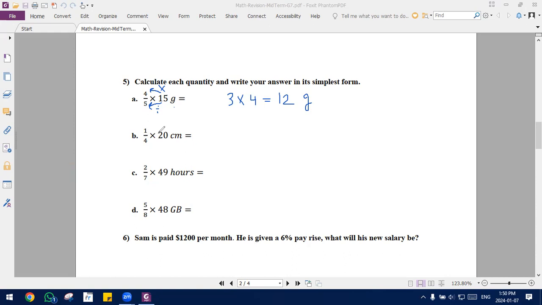Now 1 over 4 of 20. 20 divided by 4 is 5. Times 1 is 5, so 5 centimeters. Now 49 divided by 7 is 7. Times 2 equals 14 hours.